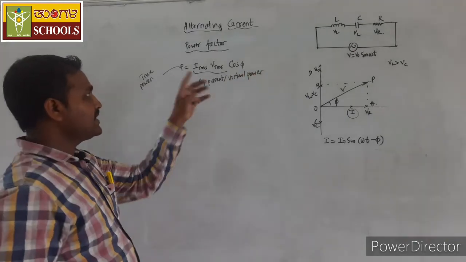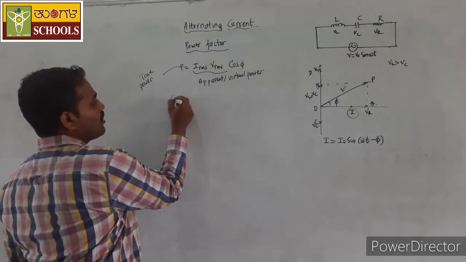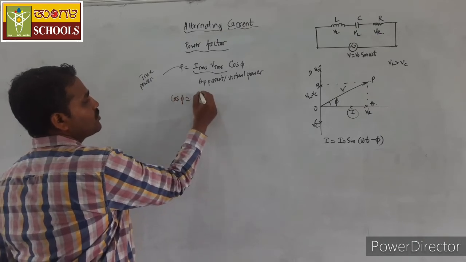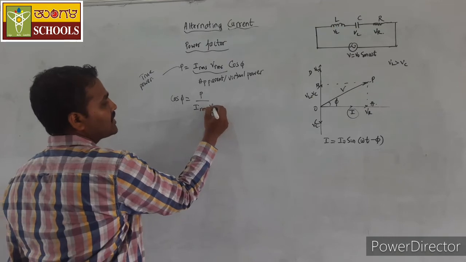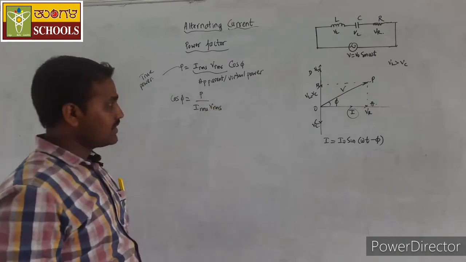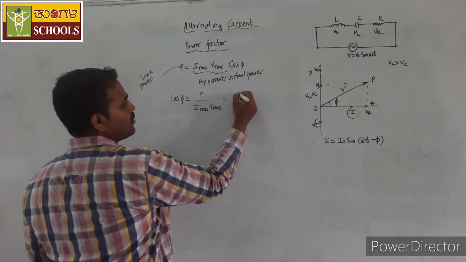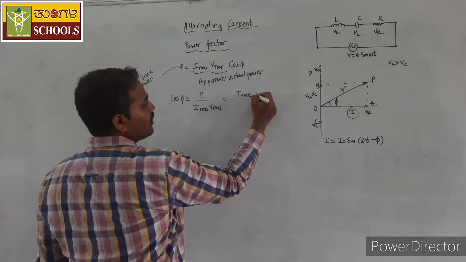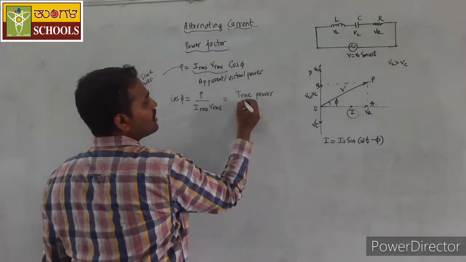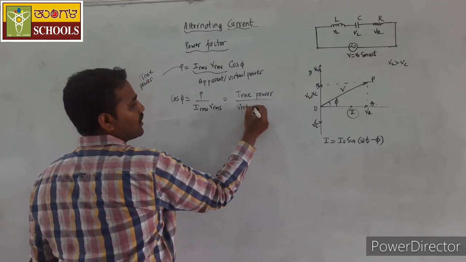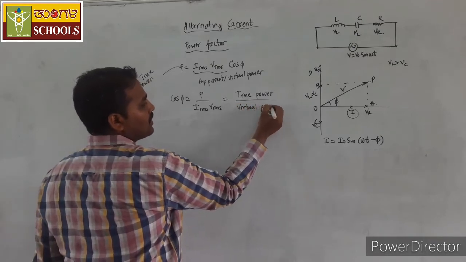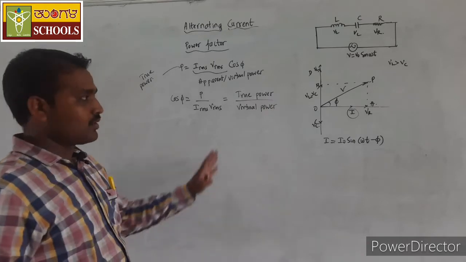So by this expression we can write cos phi is equal to P divided by I RMS into V RMS. This is the ratio of true power, or the absolute power, and the virtual power through an AC circuit.